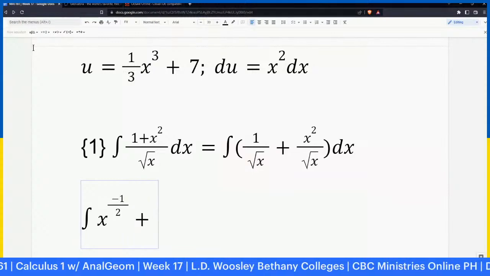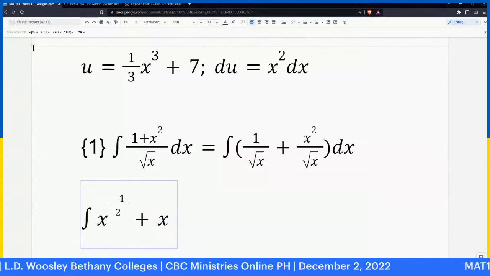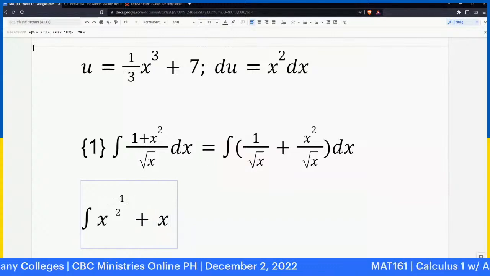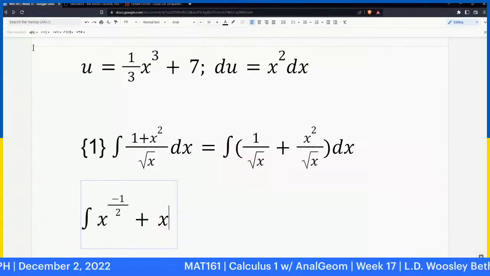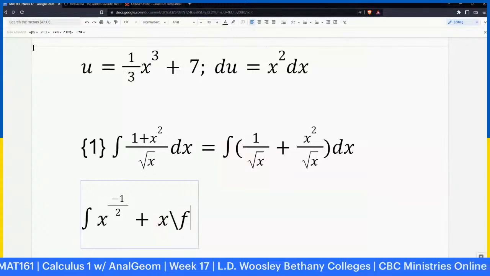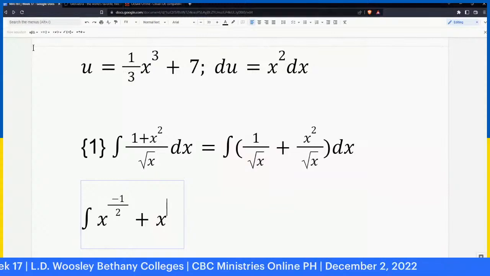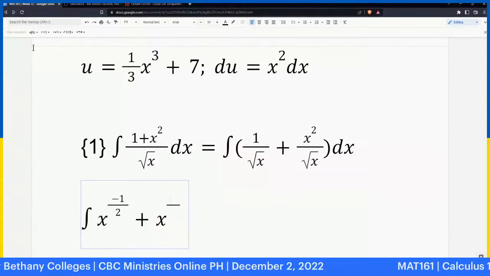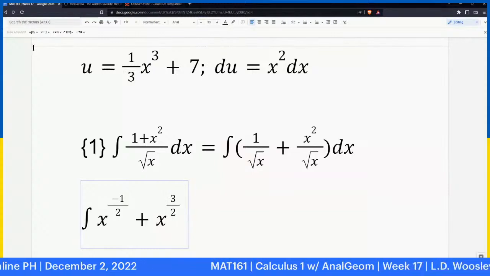Plus x raised to 3 halves, no? Tama, Banji? Opo. Alright. So, three halves. Yan. Kaya na, pwede na masolve.